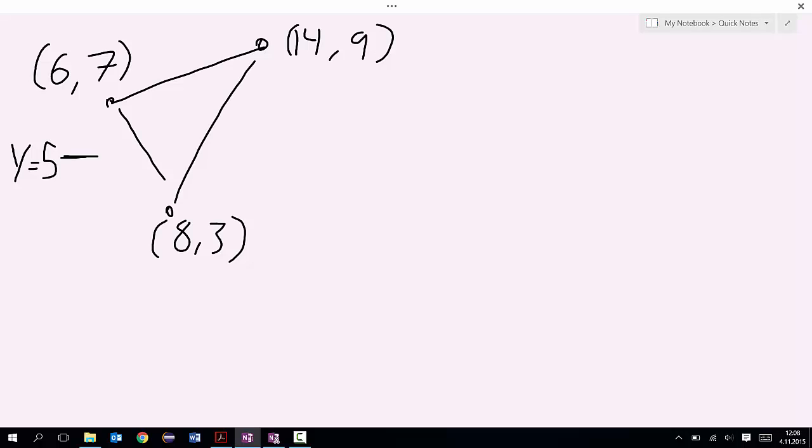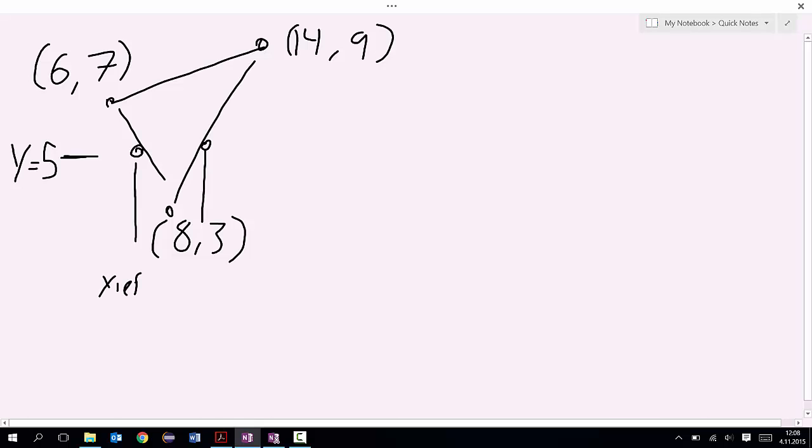So what we need to find is x left and x right. So that's the first thing that we do. So we're going to do linear interpolations here.